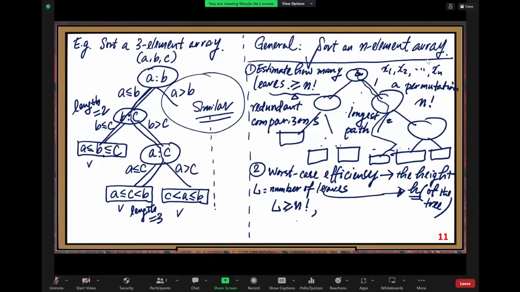Now, what's the relationship between capital L and capital H?